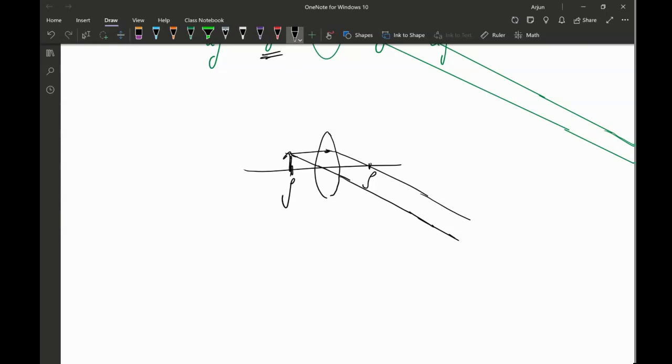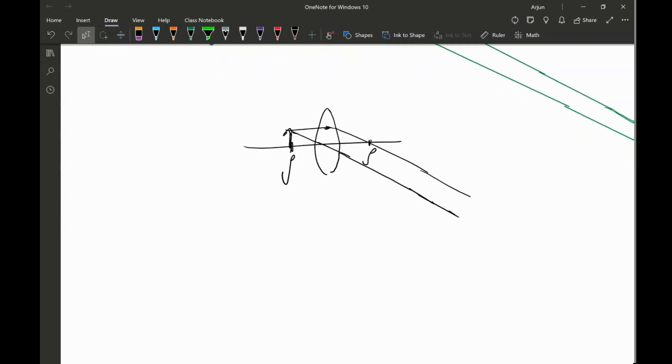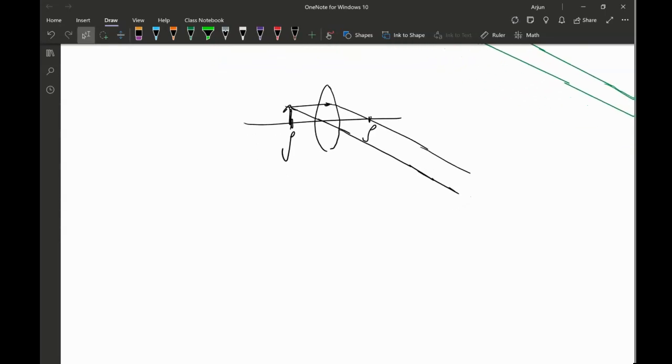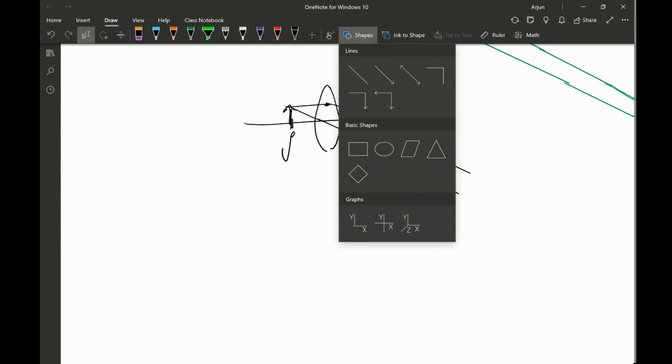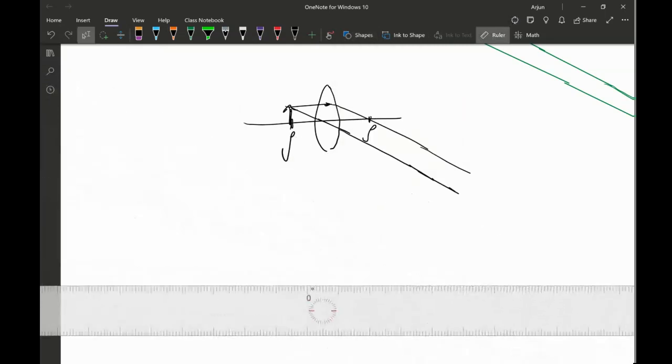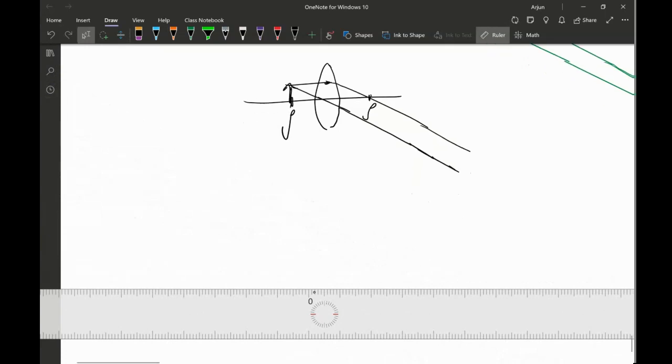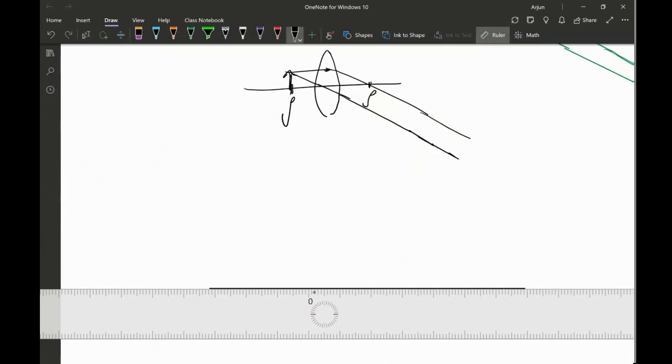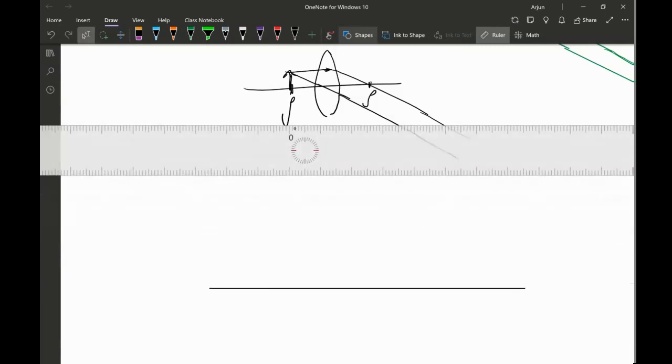And now I'm going to jump on to the next case, when the object is placed between the focal point and the vertex. So again, I'm going to take the ruler and try and draw some shapes, and this is the axis, and now I'm going to try and draw the lens.